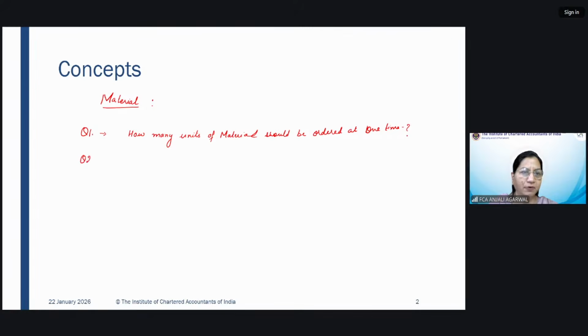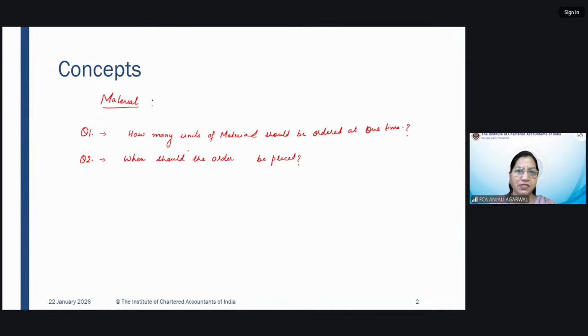And the second important question is, when should you place the order? When should the order be placed? If these two questions are rightly answered, you will be very cost effective as far as material is concerned.